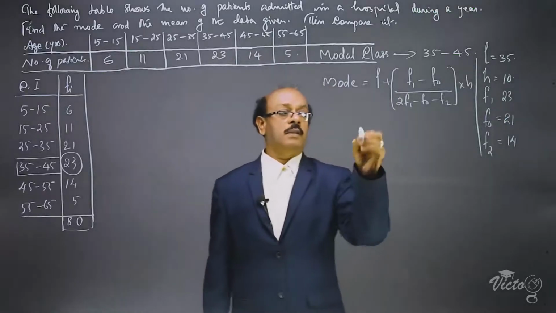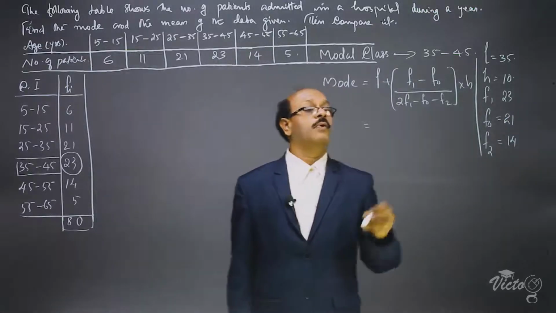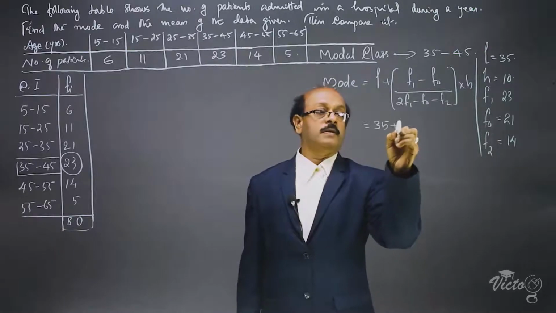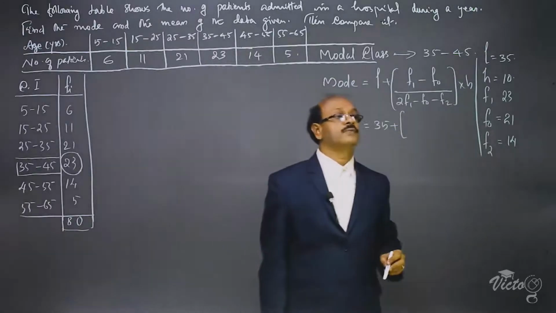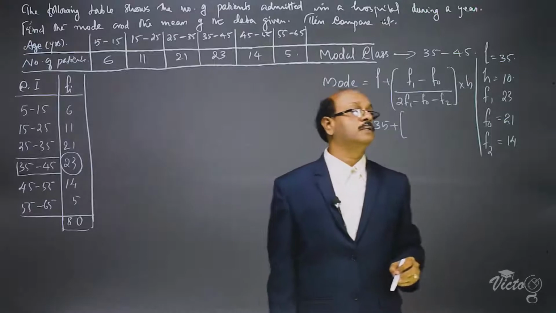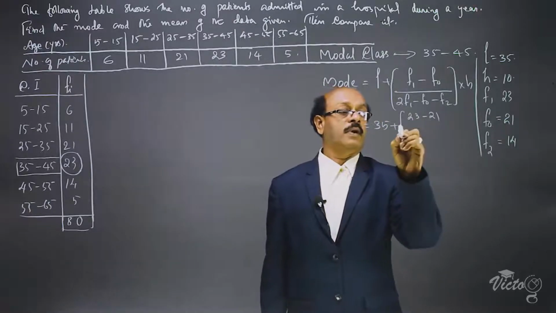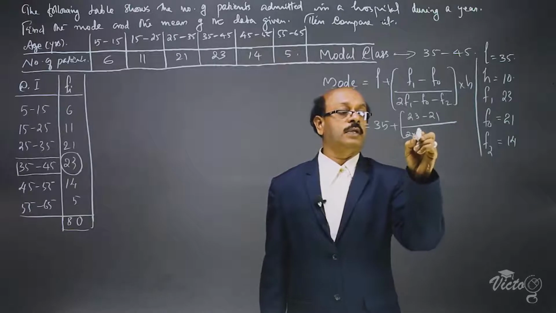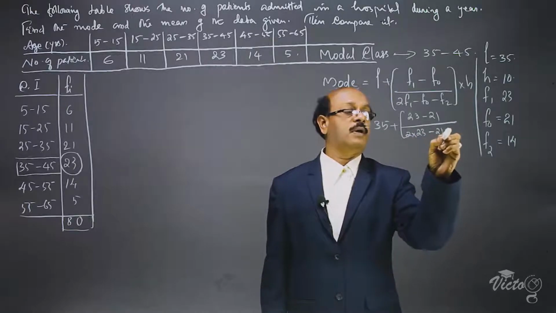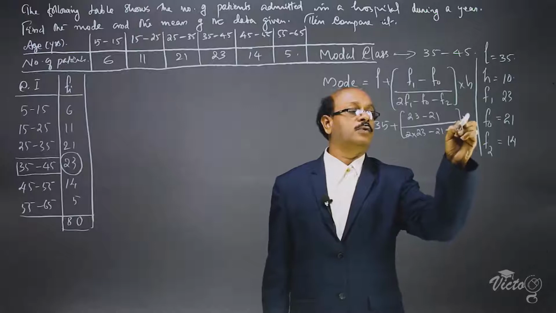Giving values, L is 35 plus (23 minus 21) divided by (2 into 23 minus 21 minus 14) into 10.